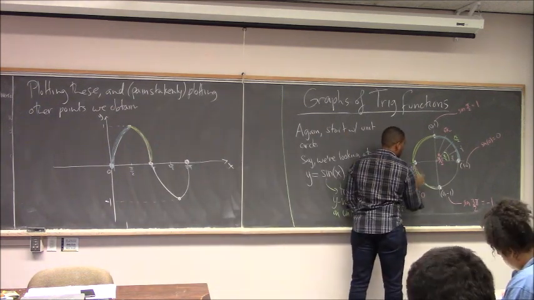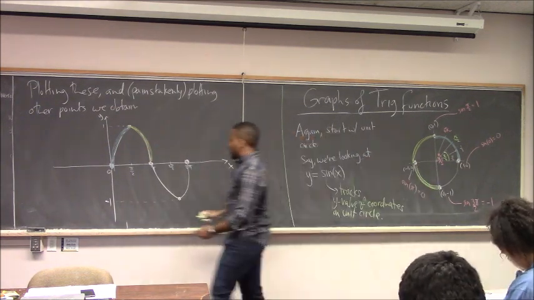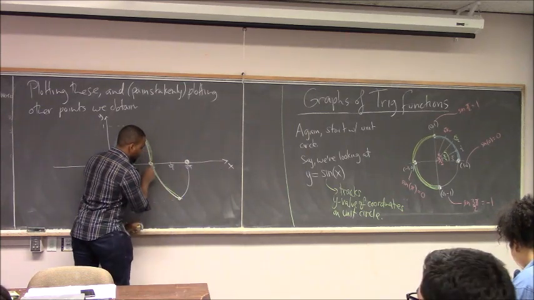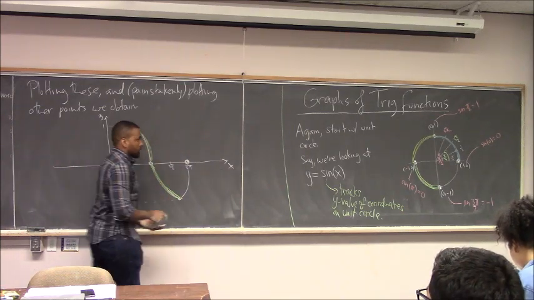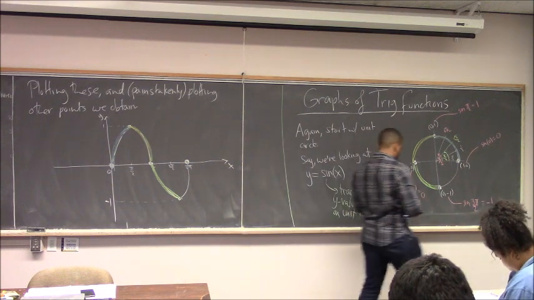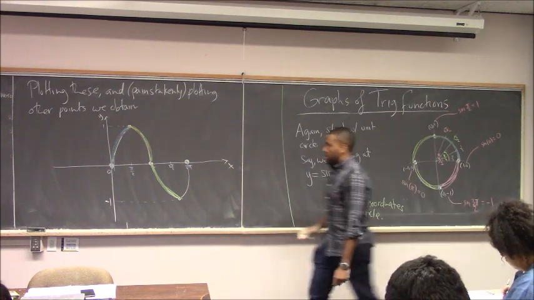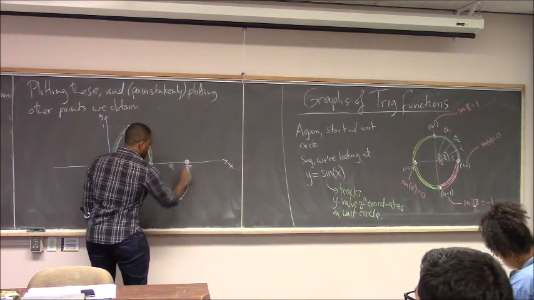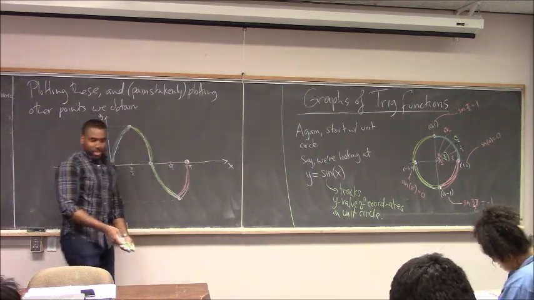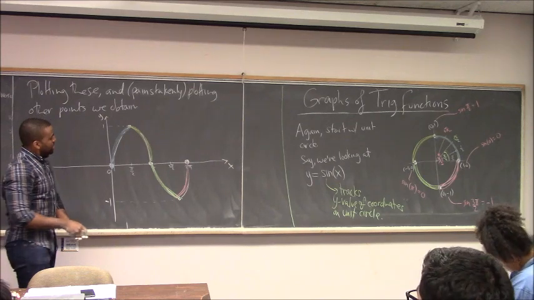This part right here would correspond to this part of the graph. And then this part right here would correspond to this part of the graph. Now it's supposed to look a lot smoother than I just drew. It's hard to draw things on the blackboard.